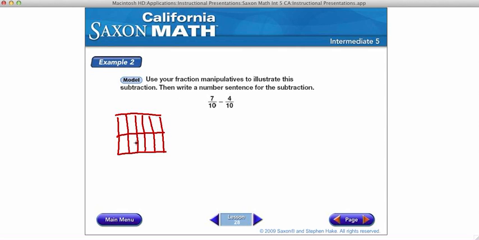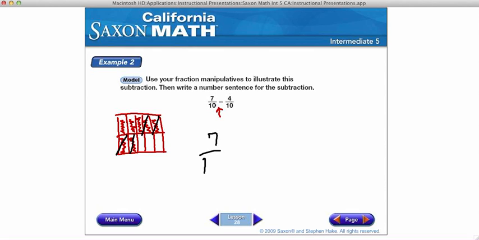All right, I have tenths, and I'm going to start off with 7 of them shaded in. Okay, but then, because I'm doing subtraction, I'm going to take away 4 of those tenths. So 1, 2, 3, 4 of those tenths are now gone.